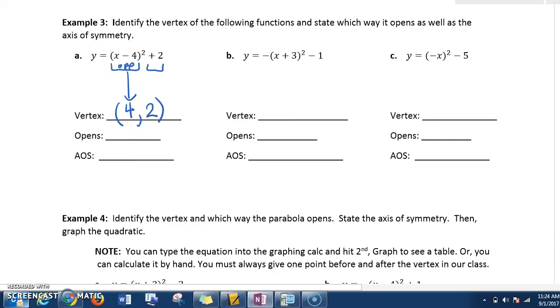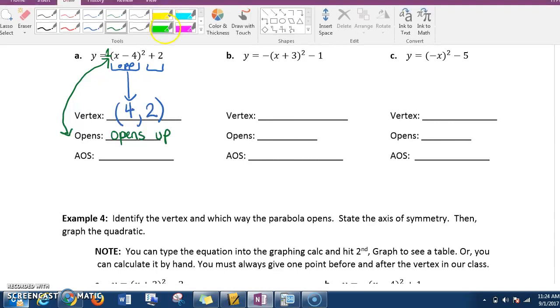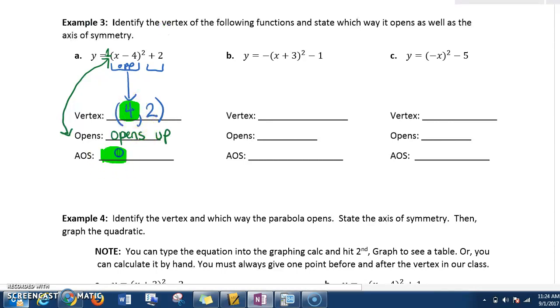When it comes to opening up or down, we look at what is in front of the parentheses. Right there, there is no number, but we know that it's a 1. And since 1 is positive, we know that it opens up. And then the last thing is the axis of symmetry. We know that it has to match the x that we see in the vertex, so we are going to just say it is x equals 4.